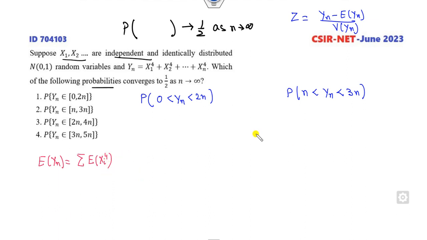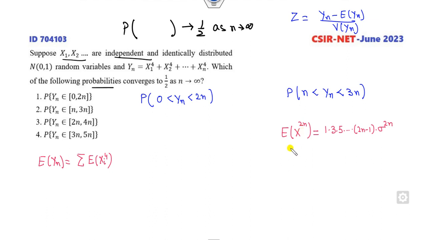Because the Xi's are normal, you all know the expected value of an even moment is always 1, 3, 5 up to (2n minus 1) times sigma^(2n). That is a simple rule you all know.